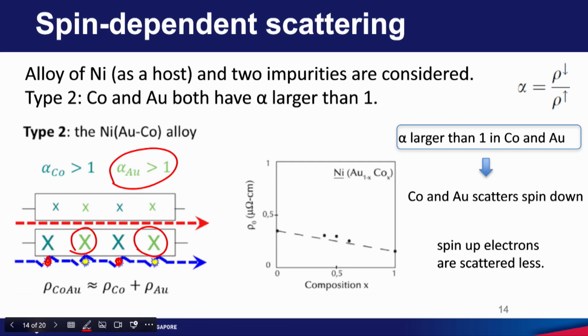So, in this system the spin up electrons flow freely, I mean less scattering for spin up electrons, whereas the spin down electrons get scattered a lot.